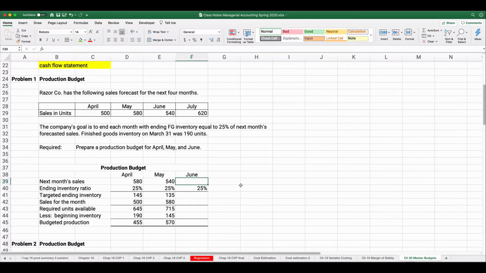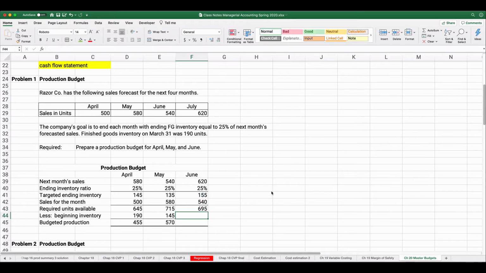Now let's do the final month here. June, next month's sales are 620. We still want 25%. So 620 times the 25%, we're going to have 155 at the end of June. The sales for the month of June is 540. So we want 155 plus 540. We need available of 695.